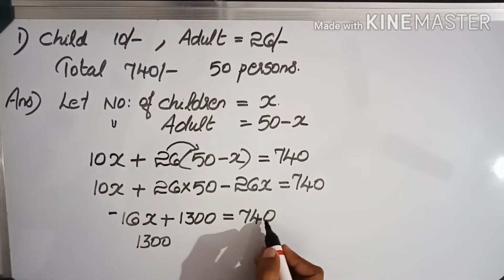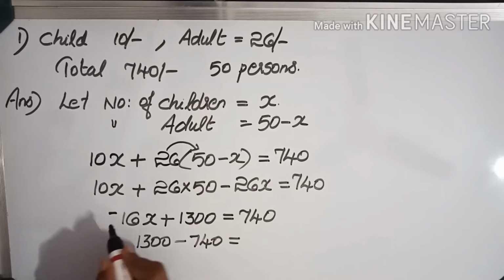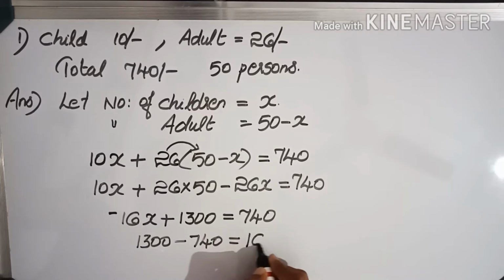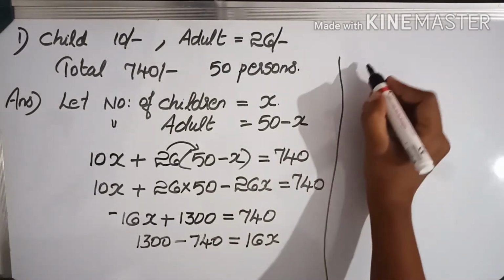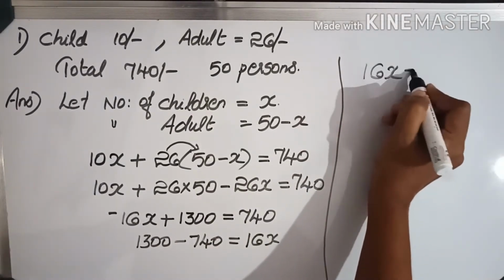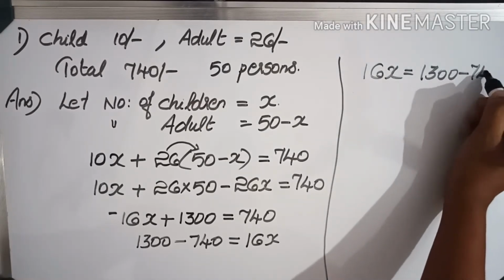Here plus 740 comes to this side, it will be minus 740, equal to minus 16x. Here it will come to this side, negative opposite positive, that is 16x. We can write it like this: 16x equal to 1300 minus 740.